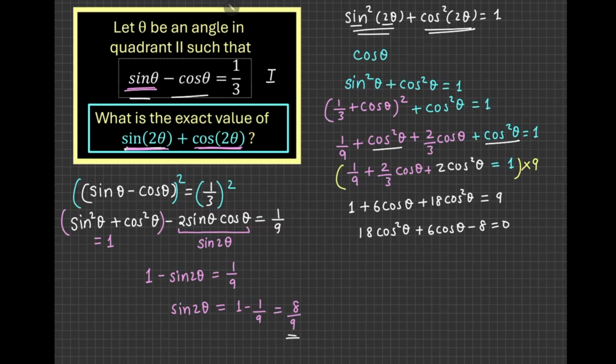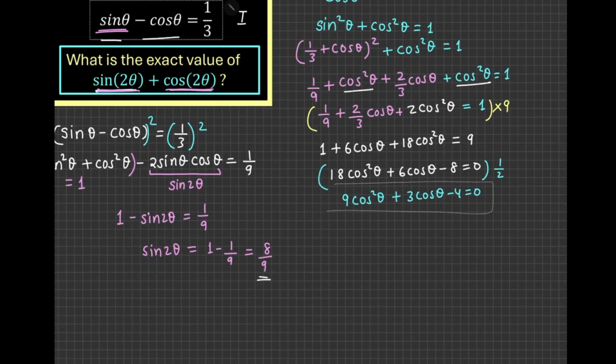Now we're going to go ahead and divide this entire equation by 2, and that would give us 9 cosine squared theta plus 3 cosine theta minus 4 equals 0.